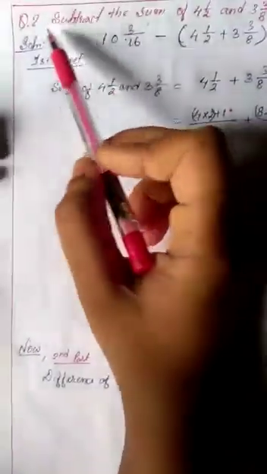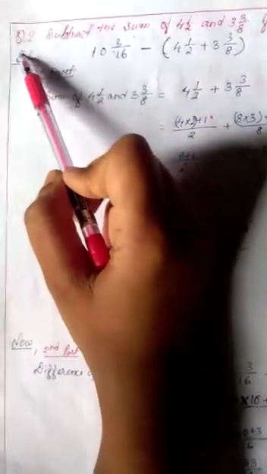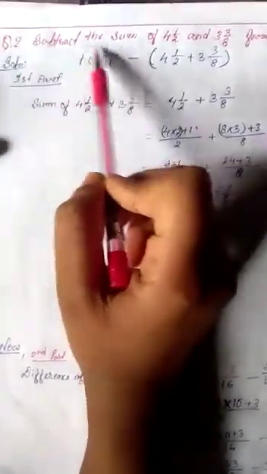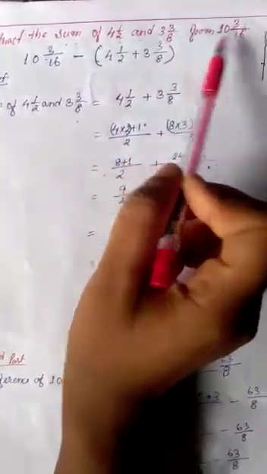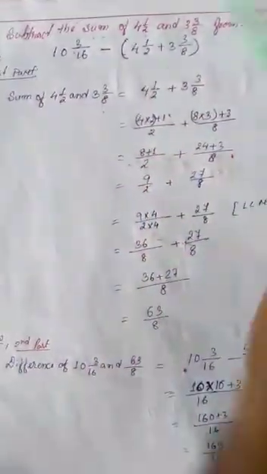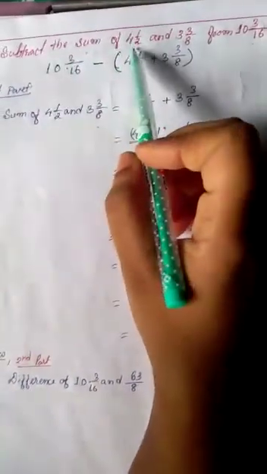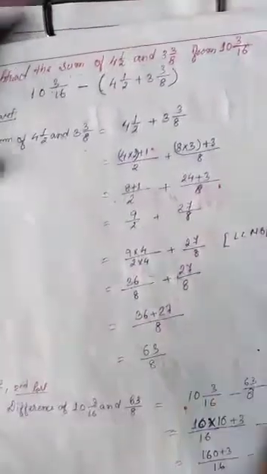Okay children, now students, let's move to the next question, that is question number 2. Subtract the sum of 4 of 1 by 2 and 3 of 3 by 8 from 10 of 3 by 16. So this one we have to solve. How can we solve it? See, subtract the sum of this one.